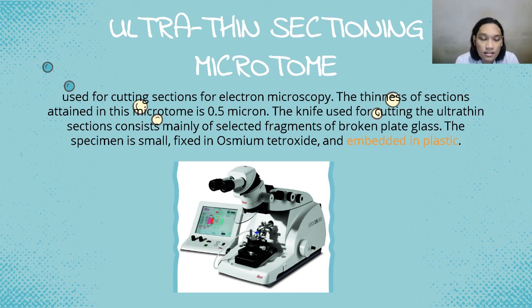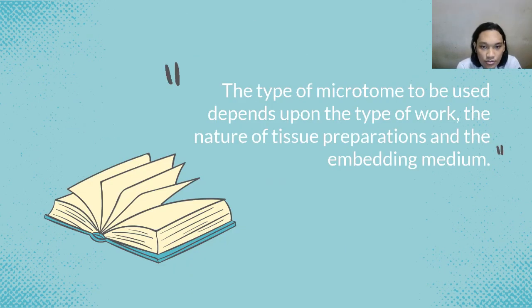The specimen is small, fixed in osmium tetroxide, and embedded in plastic. We should always keep in mind that the type of microtome to be used depends upon the type of work, the nature of tissue preparations, and the embedding mediums.